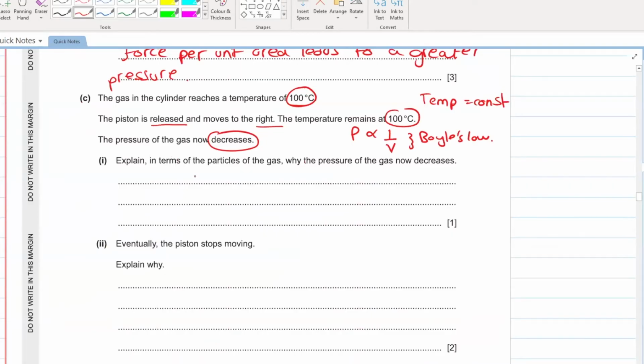Yes, pressure decreases. Explain in terms of particles of the gas why the pressure of the gas now decreases.